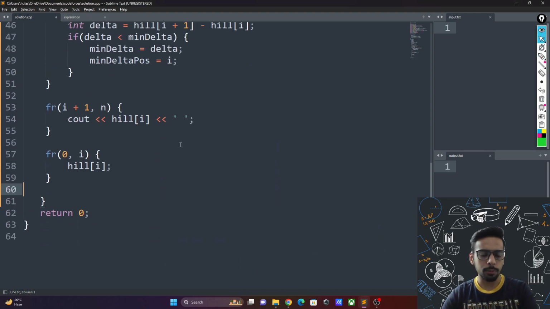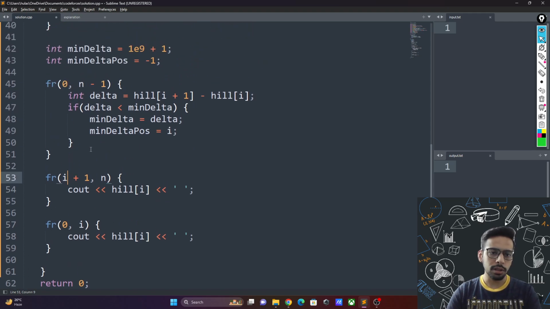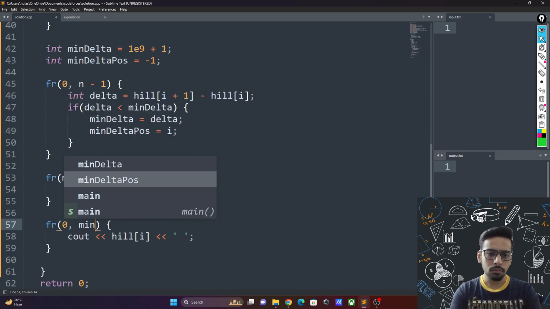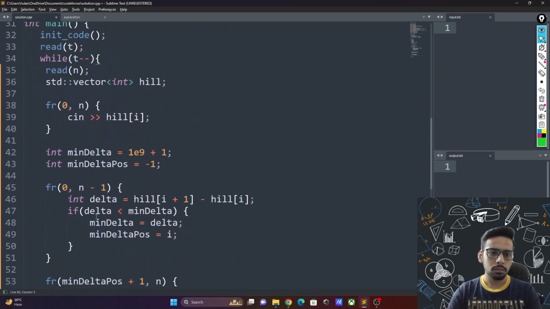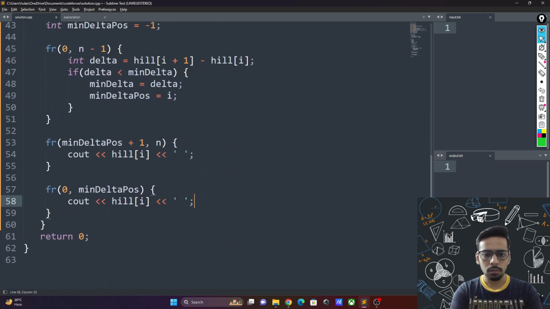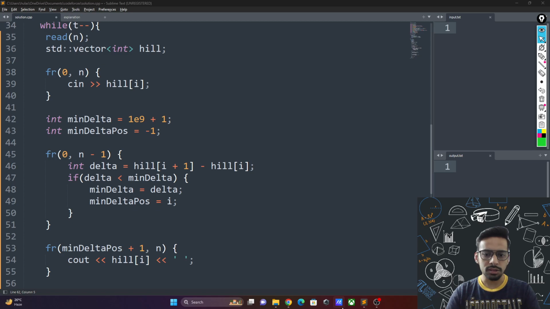Let's try out on the sample input. Okay, wait. This will be the min delta pos, not i. Let's try out one sample input.